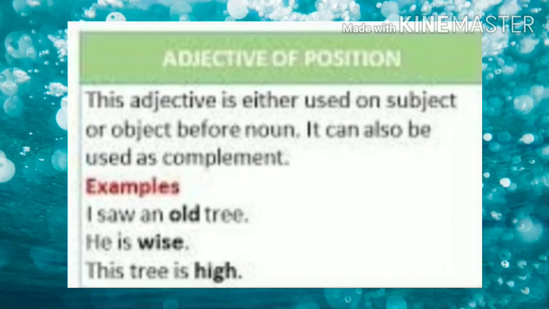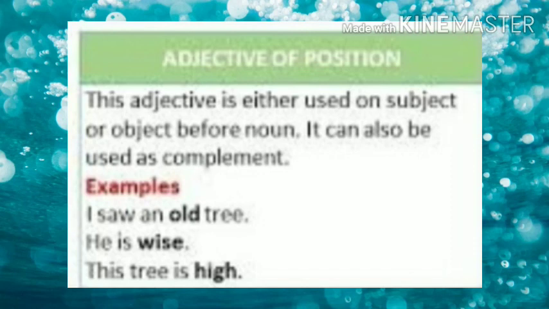It can be used as a complementary word. Complementary means giving a good impression of that particular object. For example, I saw an old tree. He is wise. This tree is high. We are giving a good advantage in all these examples. That particular complement for the noun is called the adjective of position.